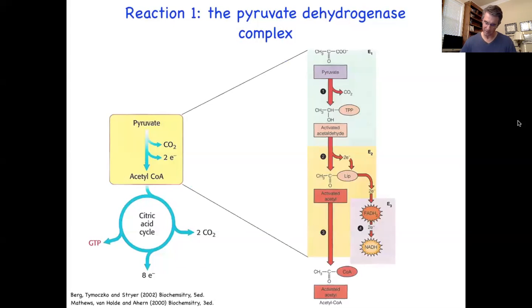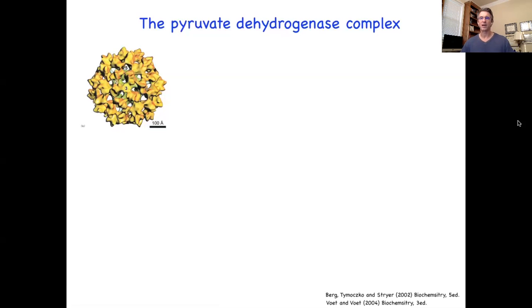So the pyruvate dehydrogenase complex is huge, right? The prokaryotic PDH complex is something like 5 megadaltons in mass. The eukaryotic PDH is in the range of 9 megadaltons, right?